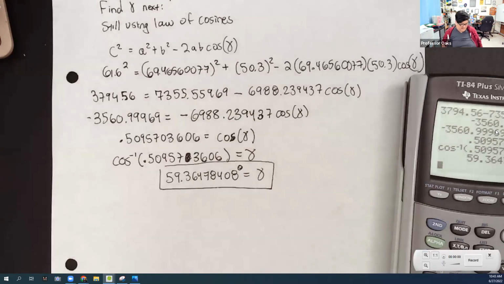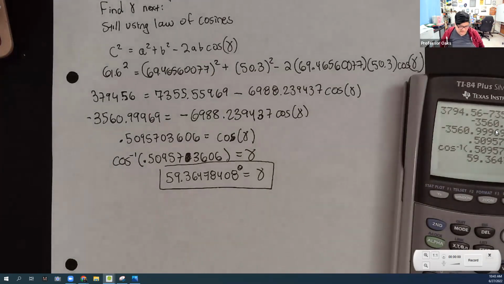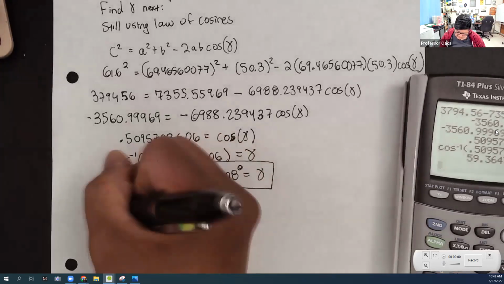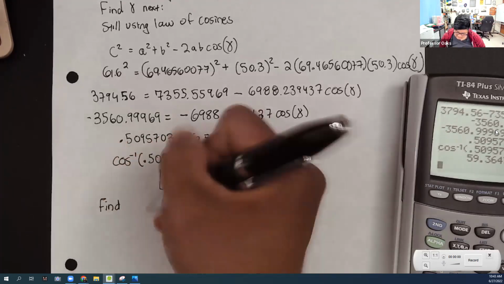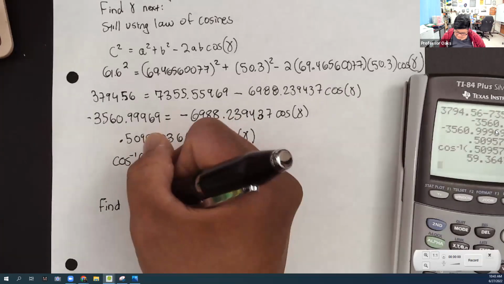And then from there, you can actually use the law of cosines to find beta, since you still just need to find the beta.